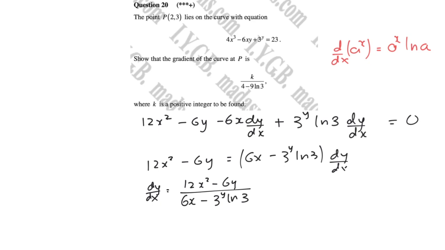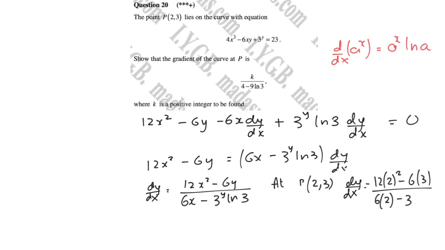Now at this point, or previously, you may have put the values of x and y as 2 and 3 respectively. At P, that's your final step, 2, 3. So you have dy over dx as 12 times 2 squared minus 6 times 3 over 6 times 2 minus 3 to the power of 3 ln 3.